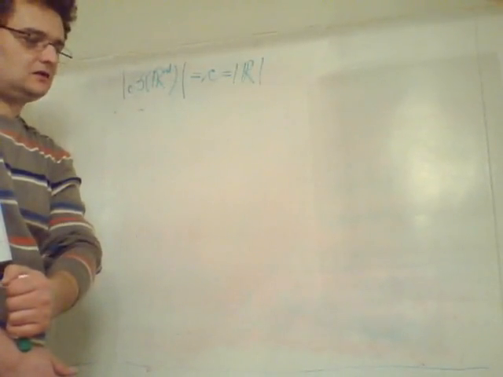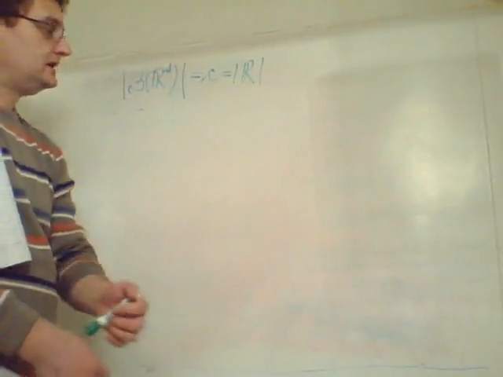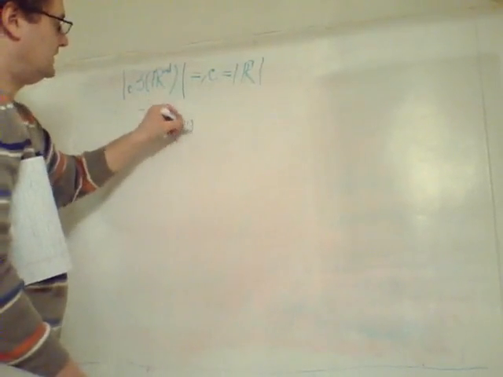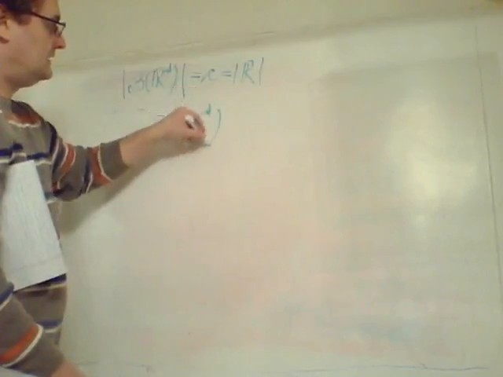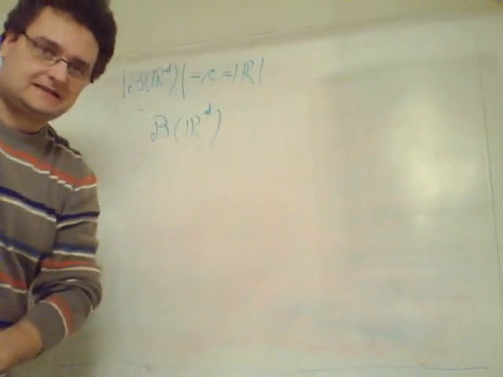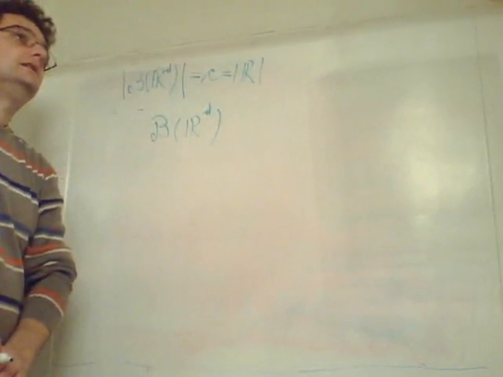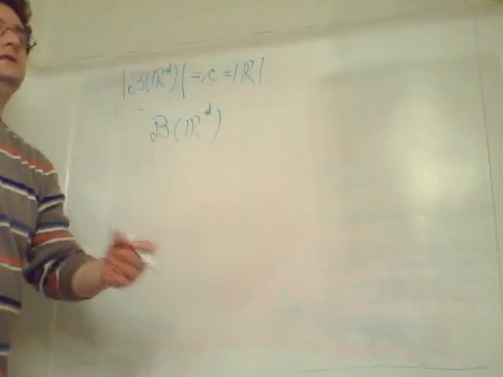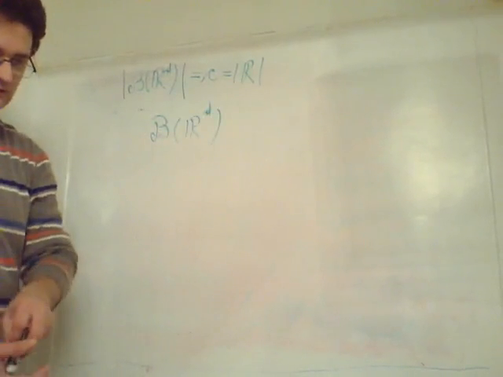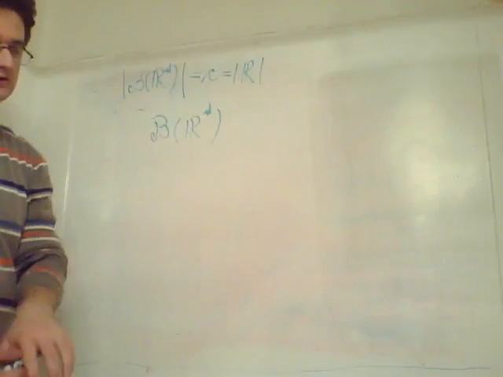First of all, B of R^d, by definition, is generated by elementary sets, and each elementary set is a disjoint finite union of d-dimensional intervals.